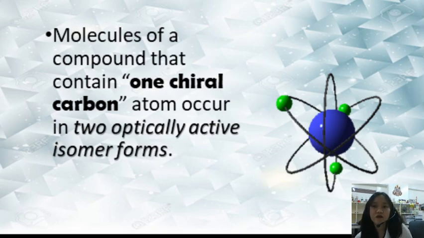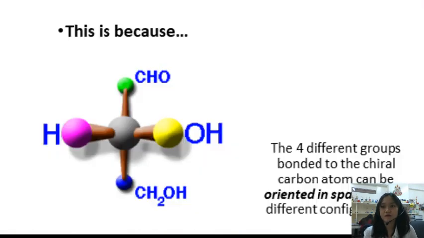So, kapag ang molecule contains 1 chiral carbon atom, it will have 2 optically active isomer forms. Kapag merong present na at least 1 chiral carbon lang sa isang molecule, magkakaroon ka ng 2 forms ng isomers that are optically active.